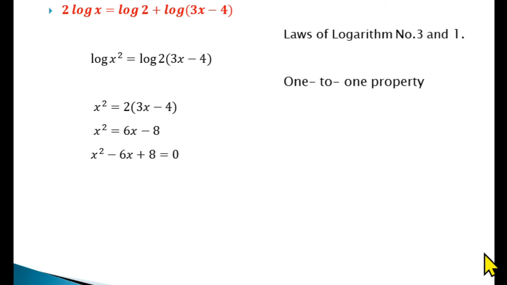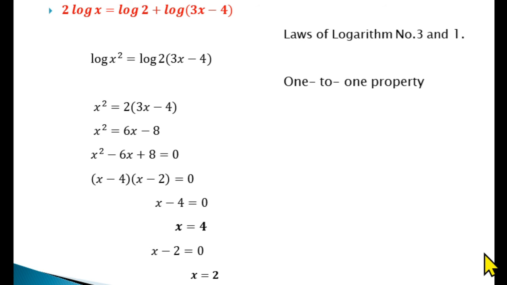To find the values of x, we need to factor our quadratic equation. Factoring, we get the quantity x minus 4 times the quantity x minus 2. So we will equate our factors to 0. x minus 4 equals 0, so x is equal to 4. x minus 2 equals 0, so we have x equals 2.